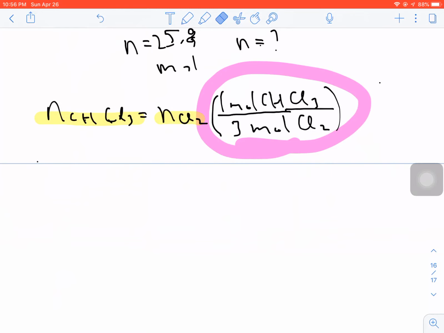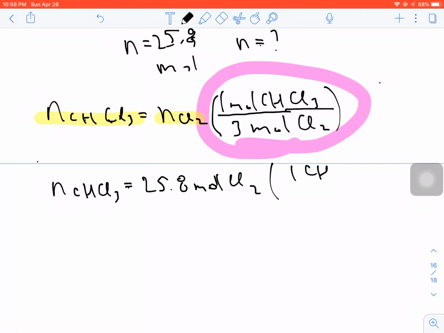Okay, so my number of moles of CHCl3 that I'm going to make is equal to the number of moles of chlorine, which is 25.8 moles of chlorine, times 1 CHCl3 divided by 3 chlorines.